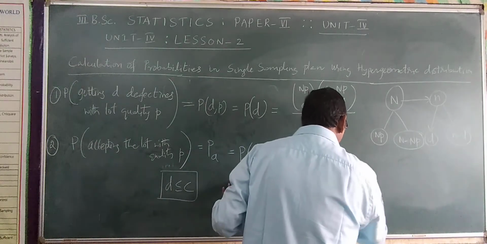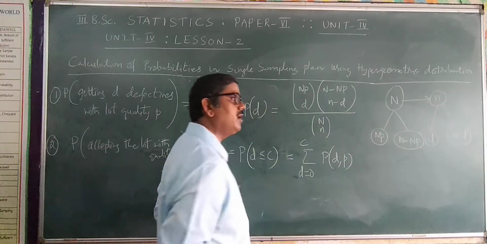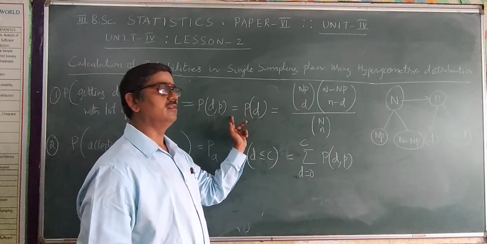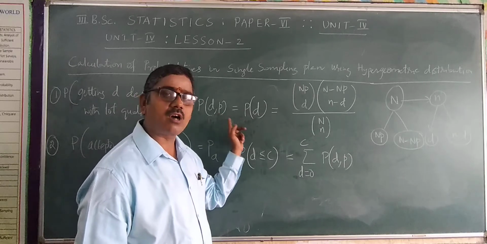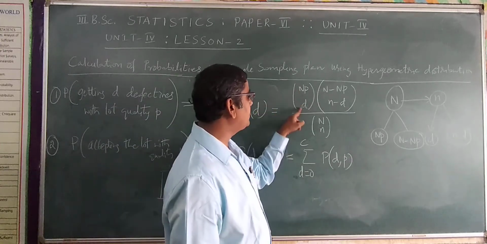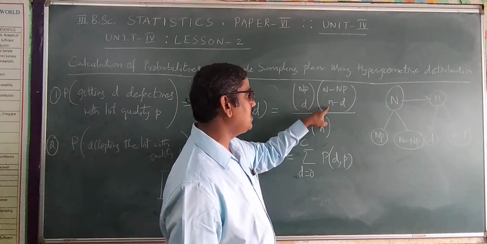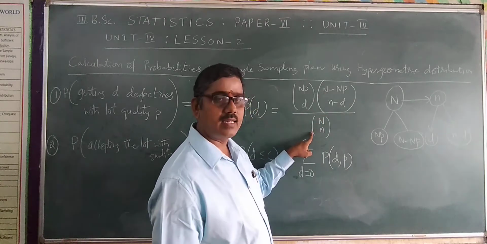Probability of d comma p. What is this probability? Just now we have calculated it using the hypergeometric distribution: NpCd, N minus Np C n minus d divided by NCn.